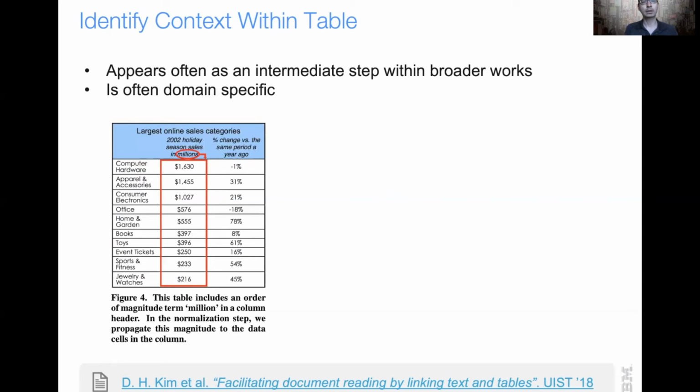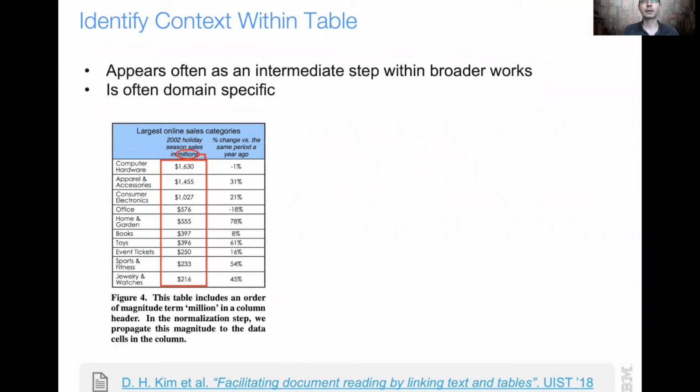One is recognizing it as a problem that is important in its own right and which can help many downstream applications. And the second is trying to do some work that solves this problem, not for a very particular domain, but in a more domain agnostic way.